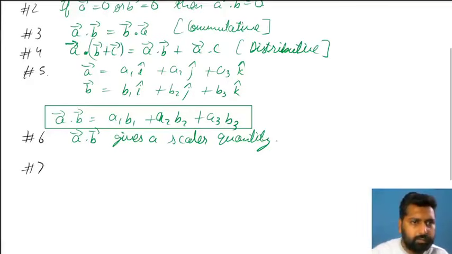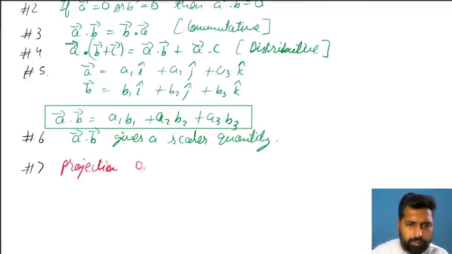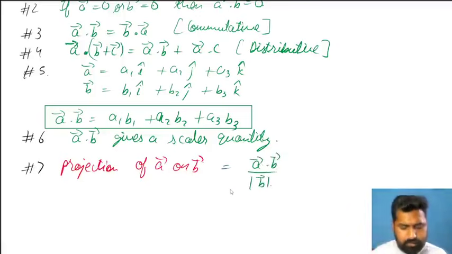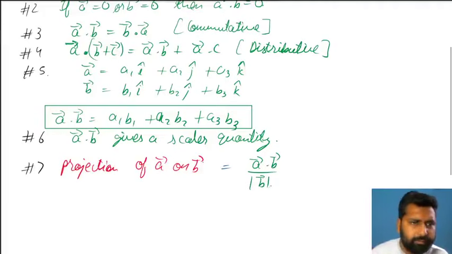Projection of A vector on B vector is given by A dot B upon magnitude of B. Similarly, if they talk about projection of B on A, then you do the reverse, B dot A upon magnitude of A. So I'll not give you two formulas for that. One formula is more than sufficient here.